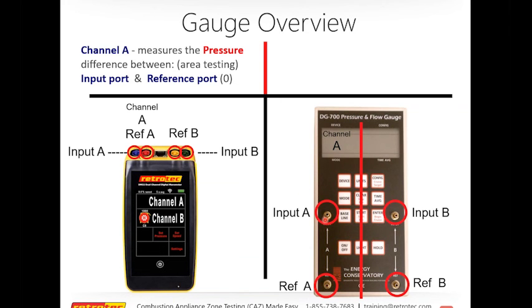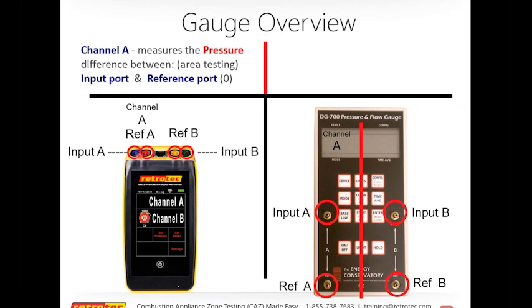Here on the left side you have channel A, similar to the DG700. We have an input and a reference. That's channel A on the left. On the DG700 screen, anything that goes through the channel on the left side shows up on the left side of the screen, that's channel A again.